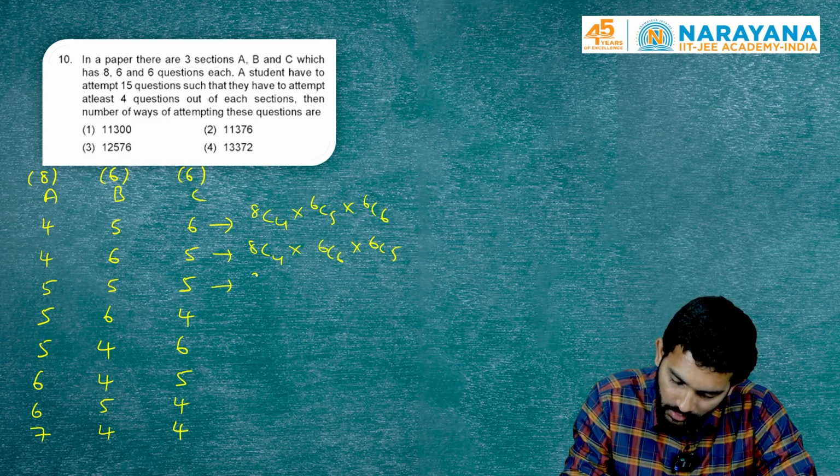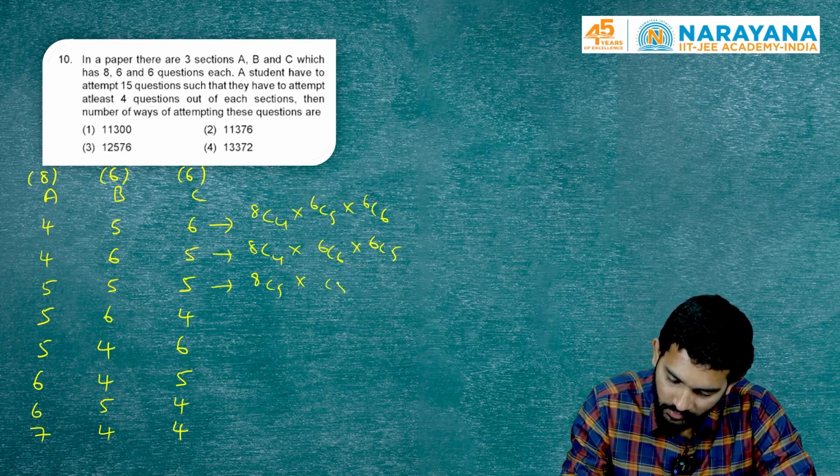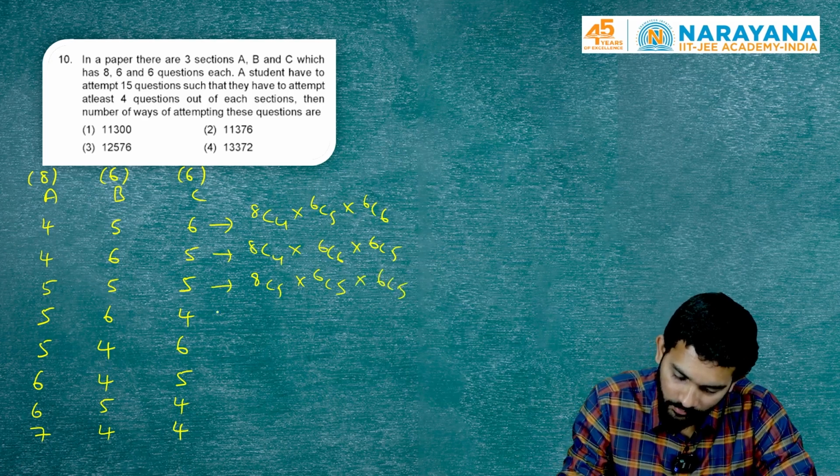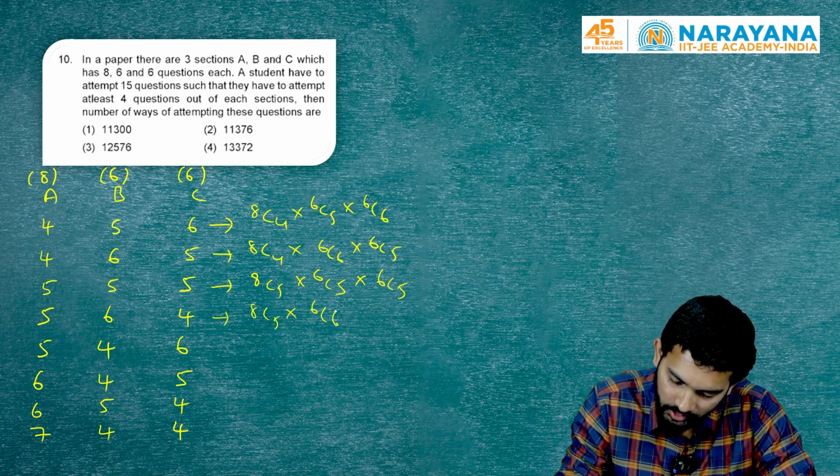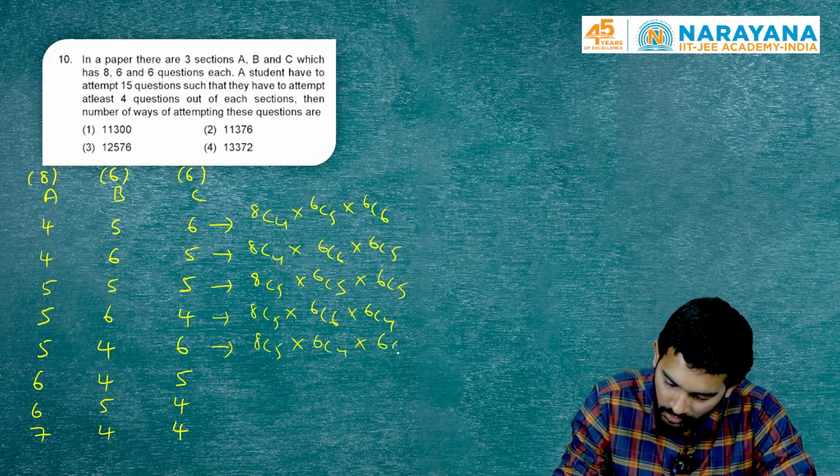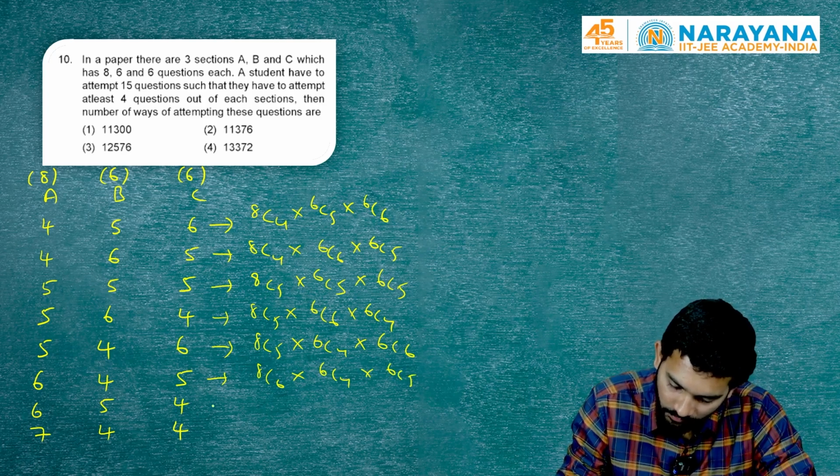Here 8C5 into 6C5 into 6C5. So this will be 8C5 into 6C6 into 6C4. 8C5 into 6C4 into 6C6. 8C6 into 6C4 into 6C5.